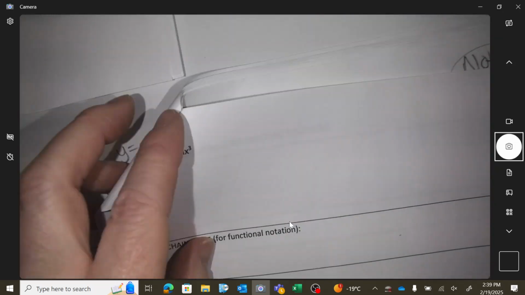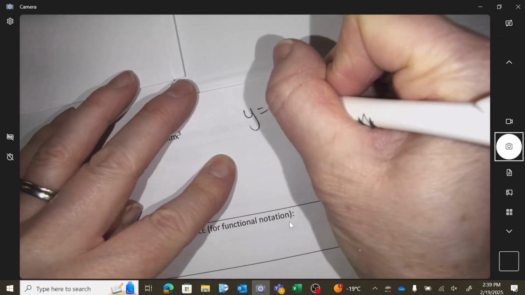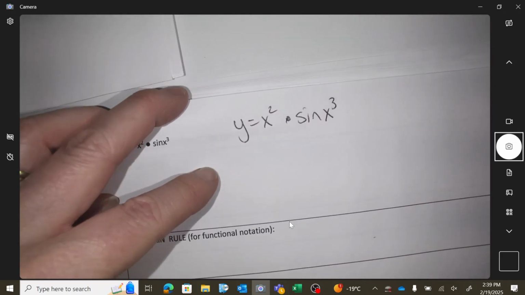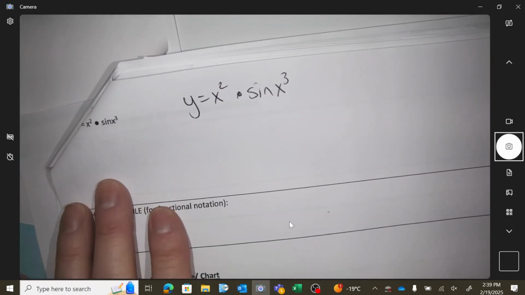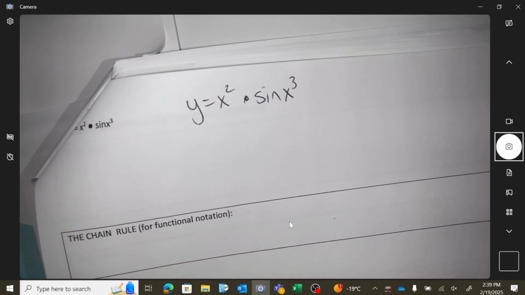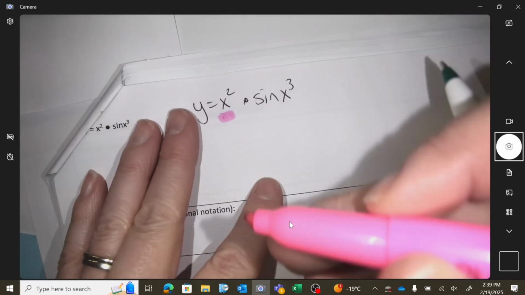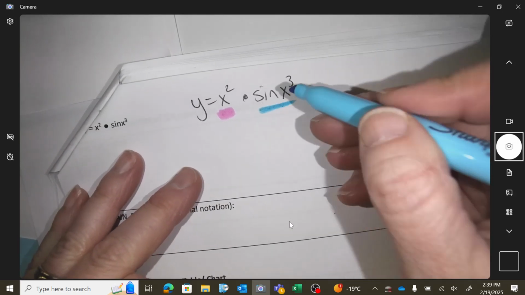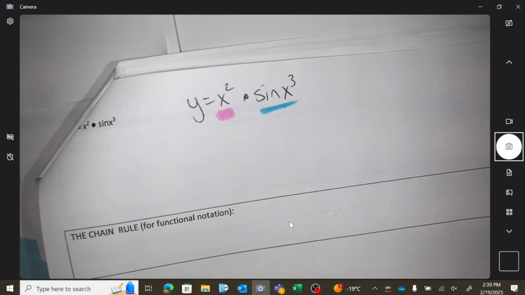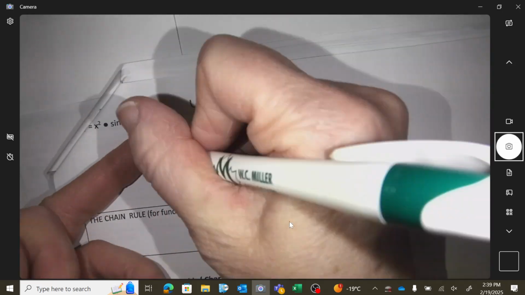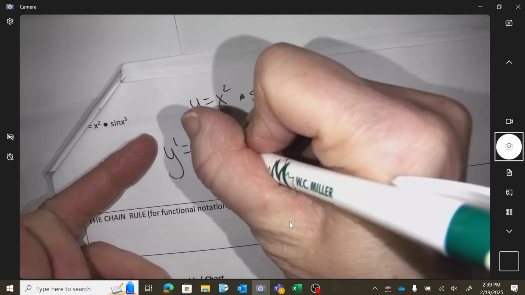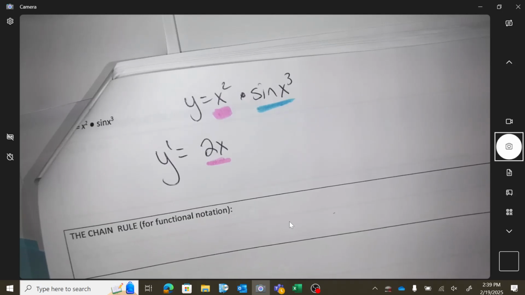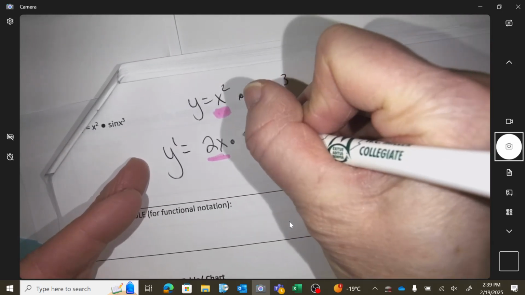Okay, so this one, sorry, I'm just rewriting it because my staple is in my way. Okay, this is a product. You see a product out of this? So I'm just going to give myself some color here. There's one thing and there's 2 things. Okay, here we go. Product rule. Derive times keep.